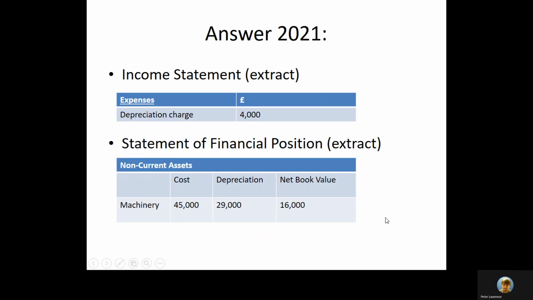So on our financial statements in 2021, depreciation charge would be £4,000, and our net book value goes down to 16,000. In 2020 it was 20,000, and in 2021, because of that accumulation of depreciation, net book value goes down to £16,000.